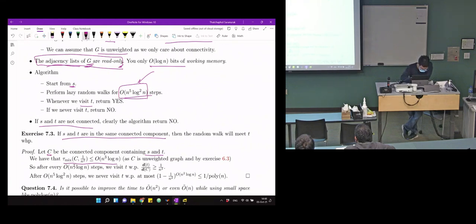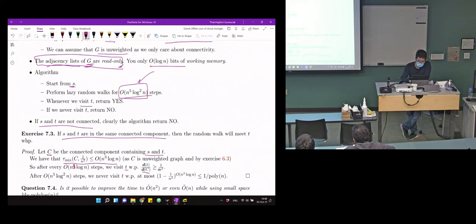Which means that if you perform t-mix many steps of random walk, you will visit t with probability proportional to the degree of t, which is degree of t over the volume of C.